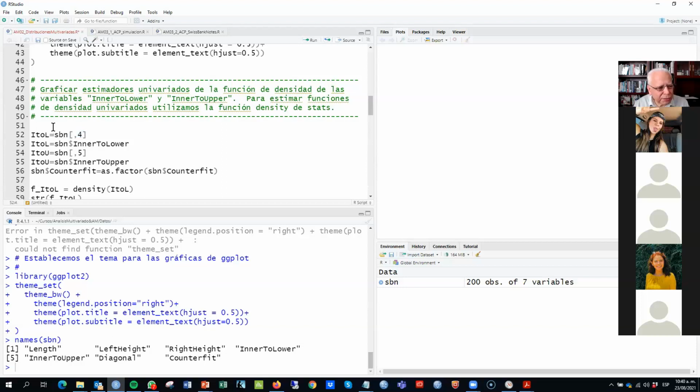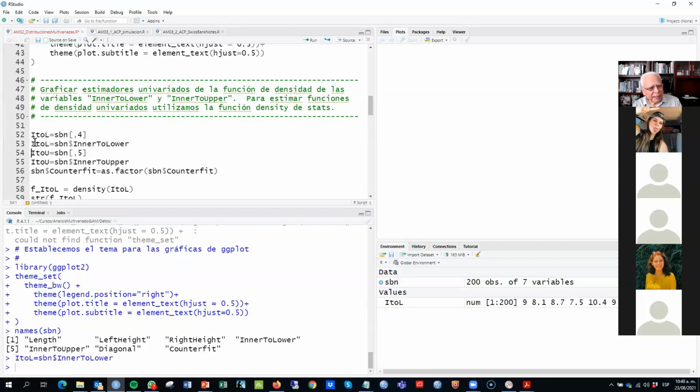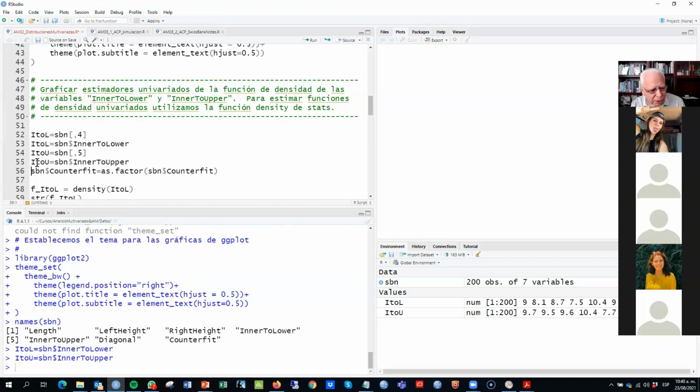So these two instructions are exactly the same. I'm calling ITOL the inner to lower distance, that's why I put the I in capital and L in capital. I to L is inner to lower, and inner to upper I call I to U.